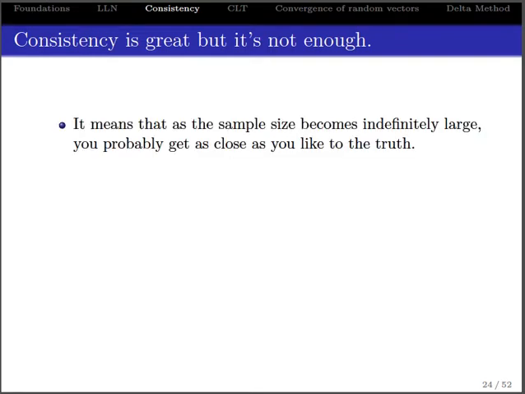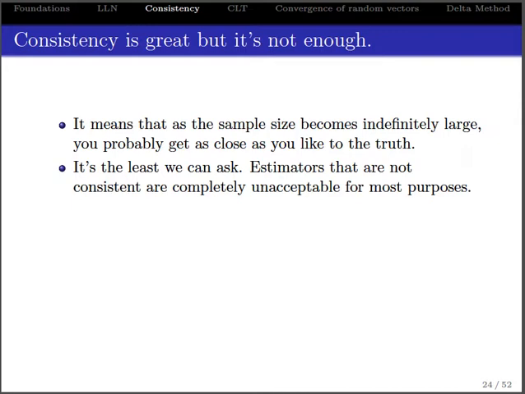I just want to point out that consistency is great, but it's not enough. All it means is that as the sample size becomes indefinitely large, you probably get as close as you like to the truth, but it's the least we can ask.